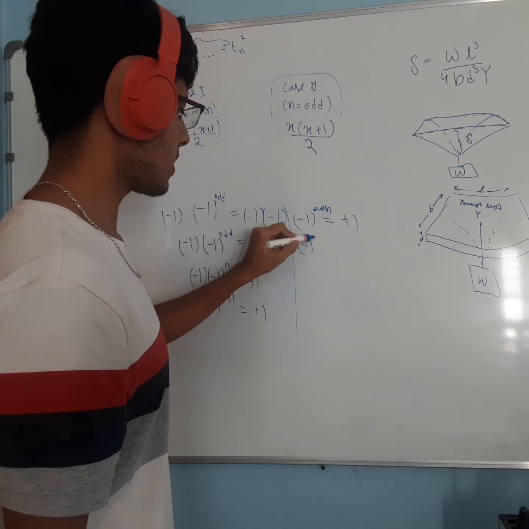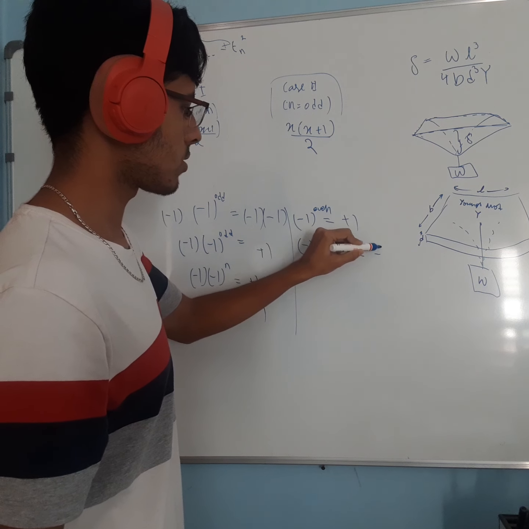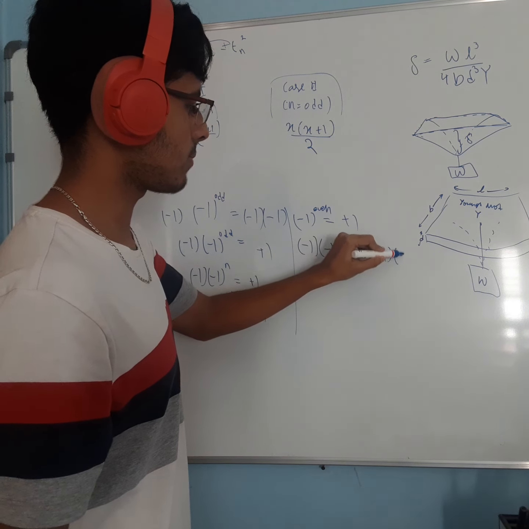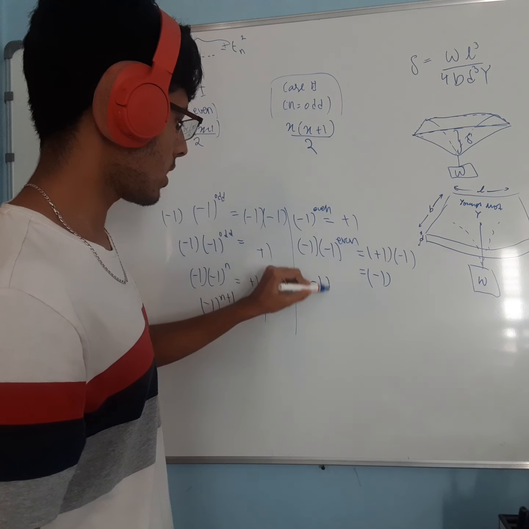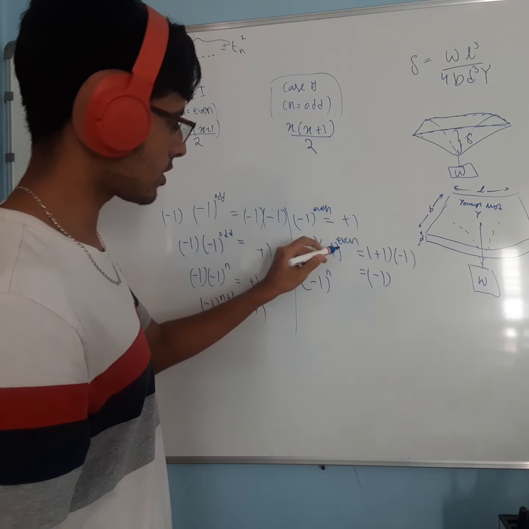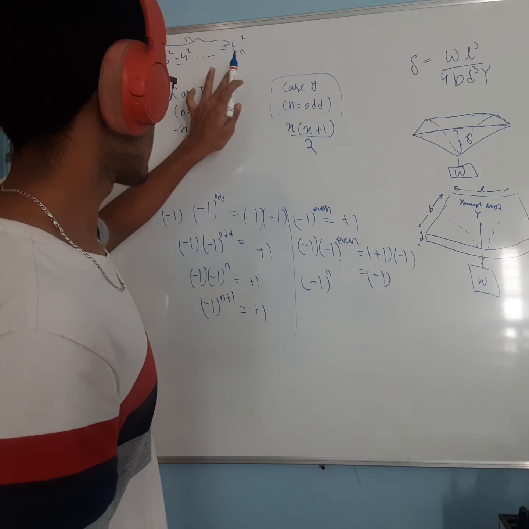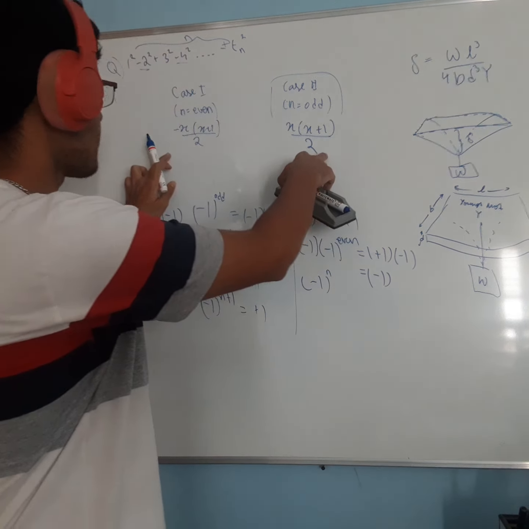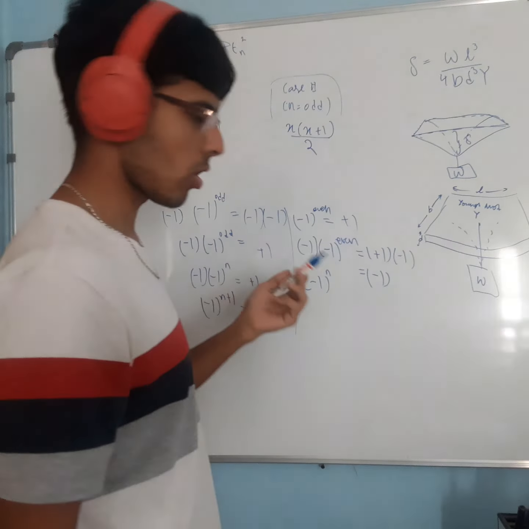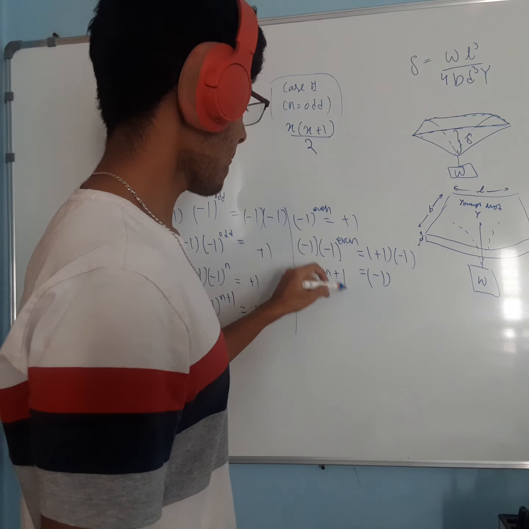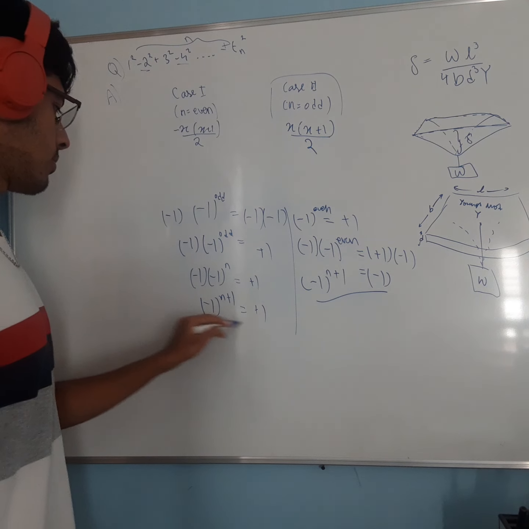So if I multiply both sides by negative 1 power even, it's positive 1 times negative 1, that equals negative 1. So I basically have negative 1 power n, because the answer that we get is purely dependent on whether n is an even number or an odd number, is equal to minus 1.